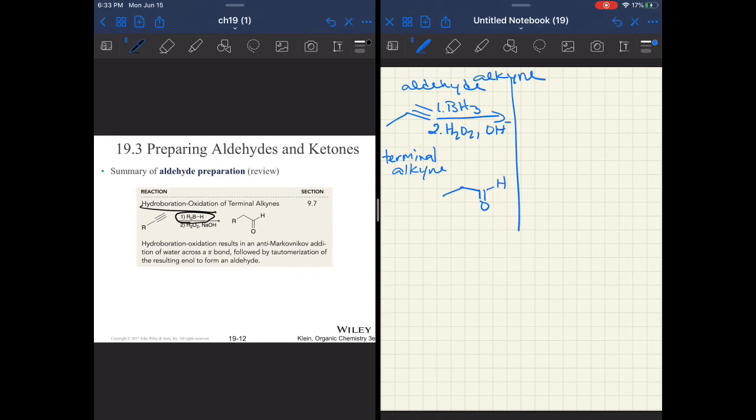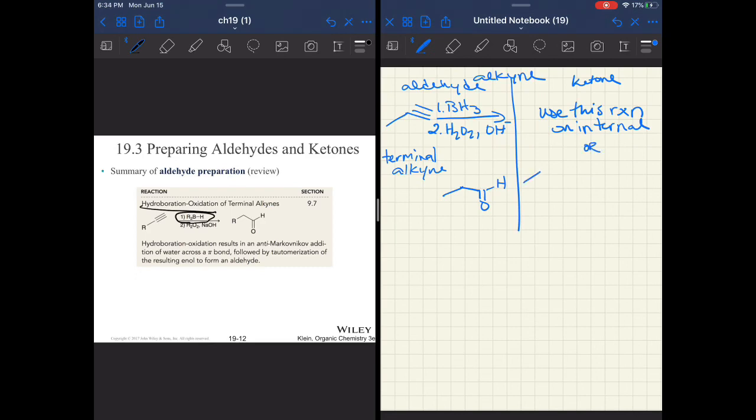It's anti-Markovnikov. It makes an enol, which is typically unstable, and it tautomerizes to a ketone or an aldehyde. If you're trying to make a ketone, you can use this reaction on an internal alkyne.